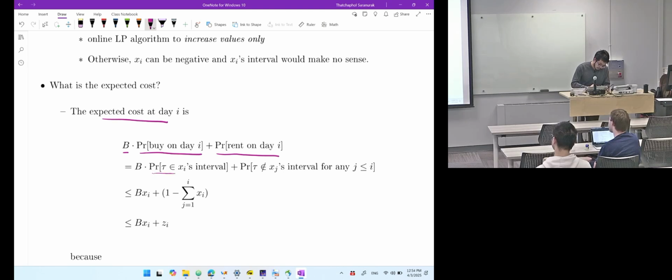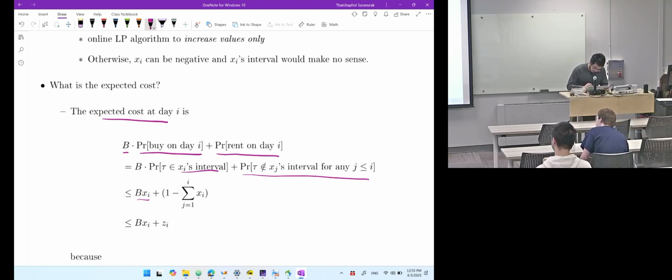The probability that we buy at day i is just the probability that tau is in the xi interval, which is just xi. The probability that we rent at day i is the probability that tau is not in any xj interval for all j up to i.